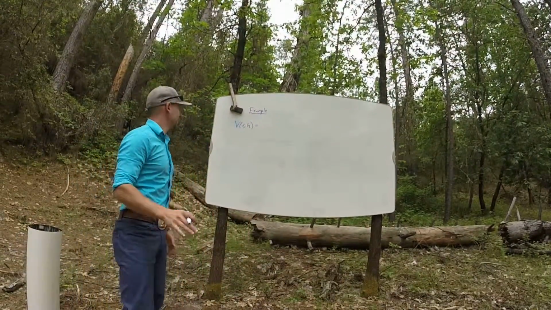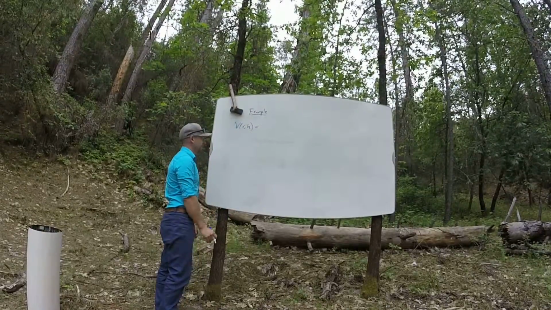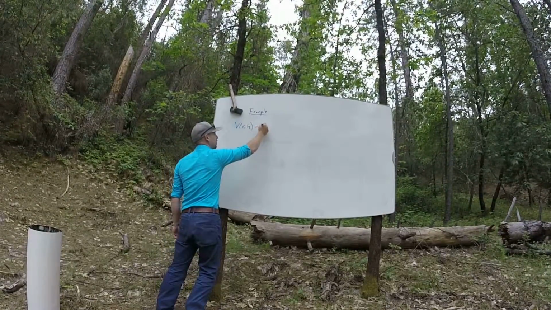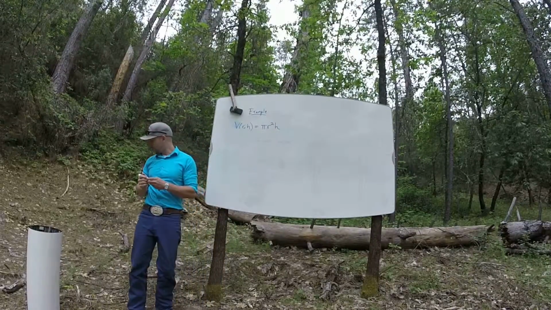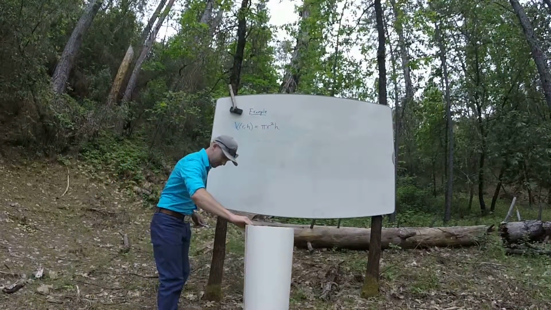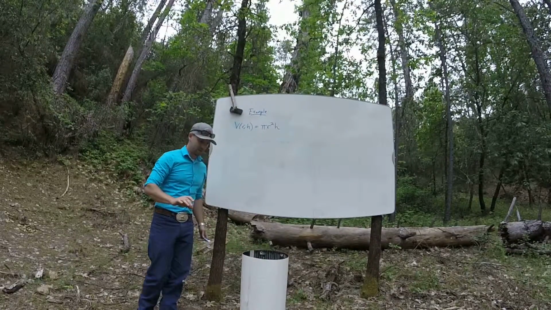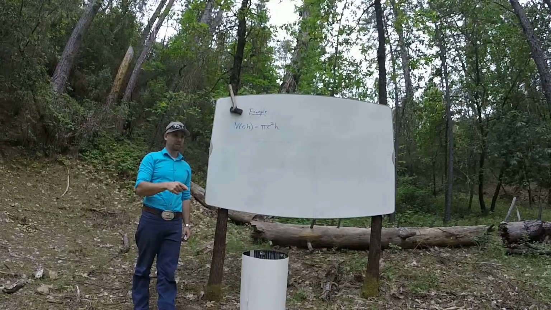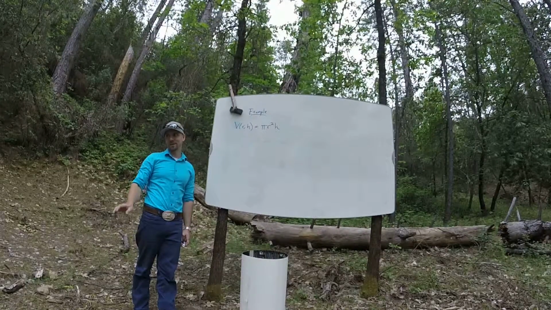Let's have an example for partial derivatives. So here's a function. V of r and h is pi r squared h. How does this cylinder relate to it?